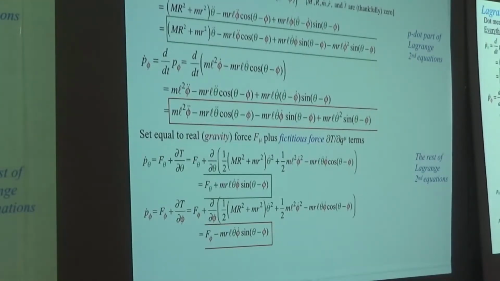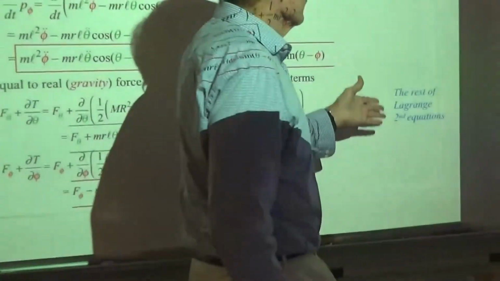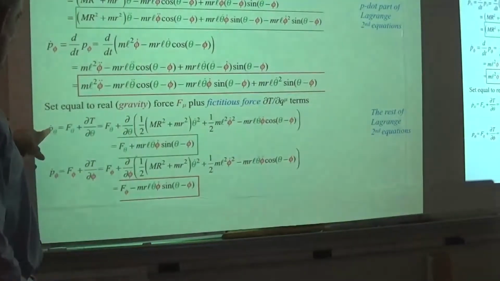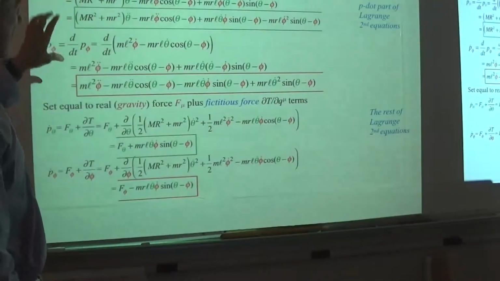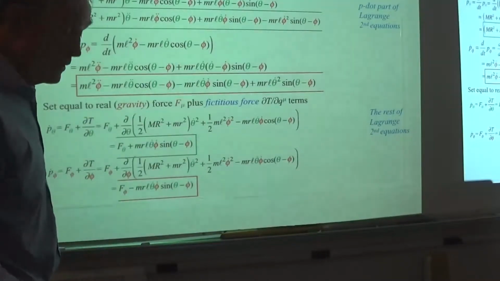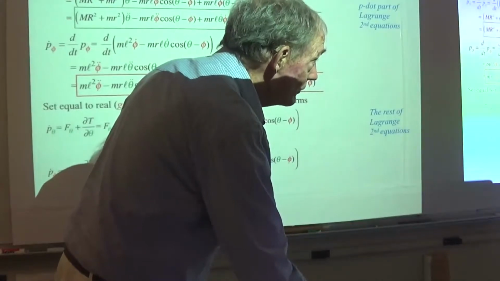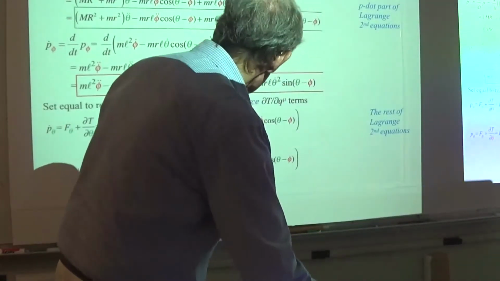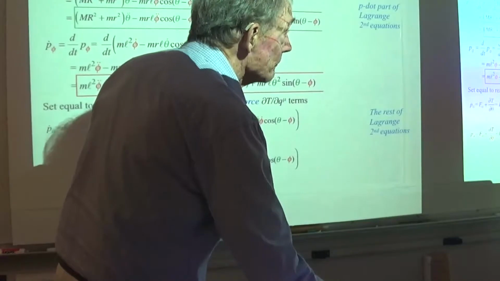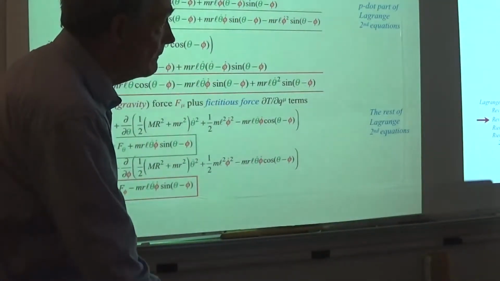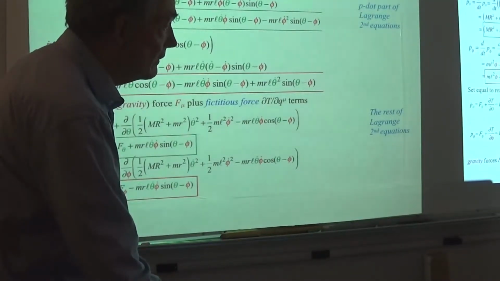And basically this is the rest of Lagrange's second equations. This is the one that involves p theta phi. These are the second equation, and then this is the rest of it. So that's where you have to be careful with signs and all that kind of stuff. And go ahead and apply the covariant forces directly there to get this.